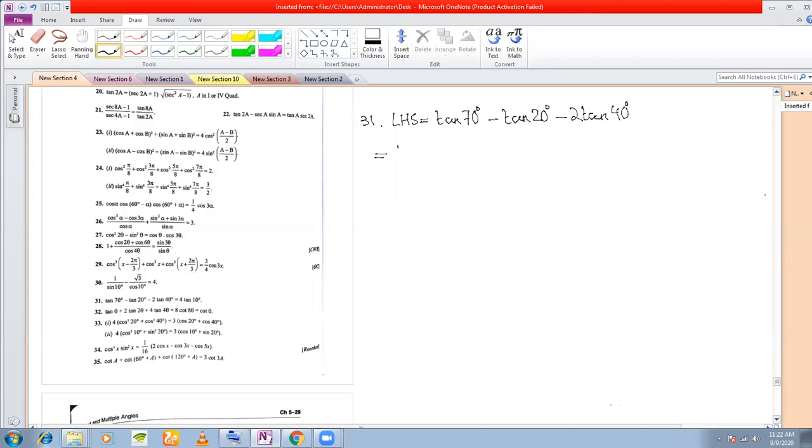Okay. Now tan 70, remember, can be written as tan of 90 degree minus 20 degree, minus tan 20. And this tan, we write this as it is for the time being, or you can also write this as tan of 2 into 20 degrees.